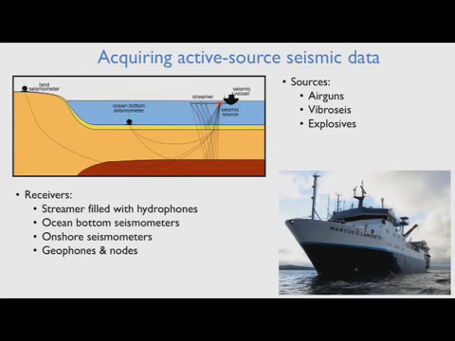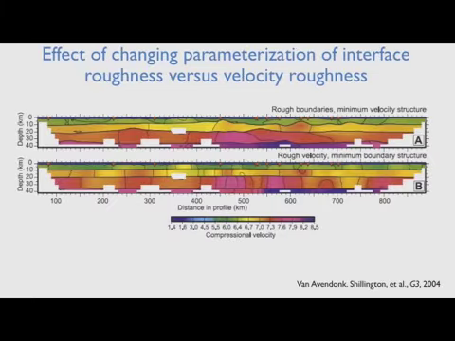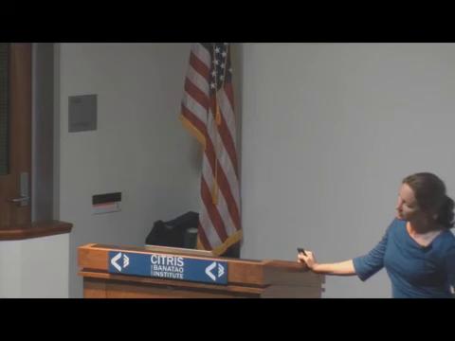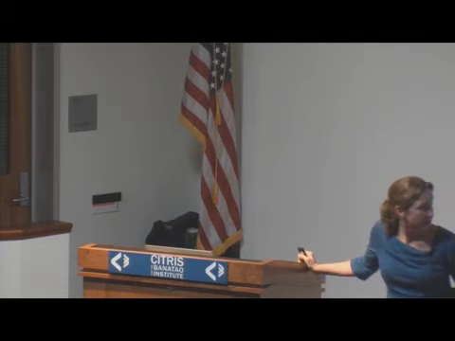Sorry, can you go back to that slide? So I'm assuming in terms of inversion, it depends on the size of your box that you choose as well. So that's why I'm guessing those white boxes are where there's no ray coverage or whatever? The boxes are in fact smaller than that.